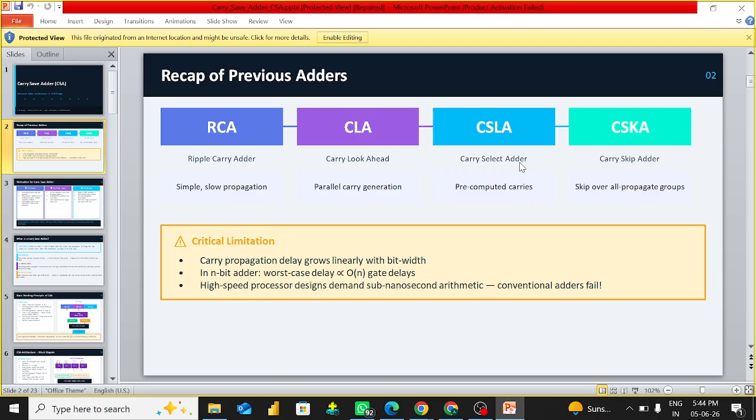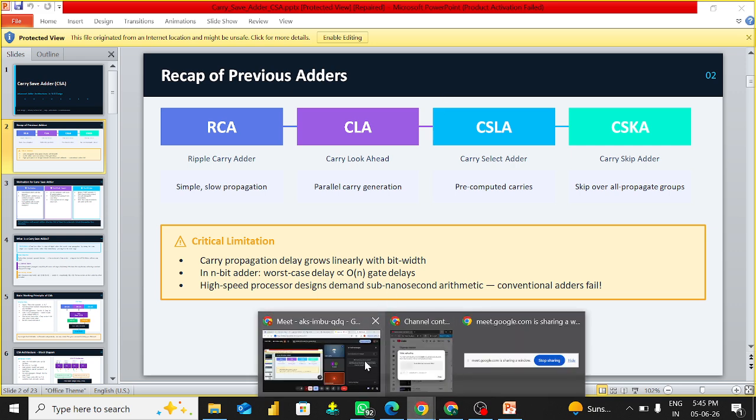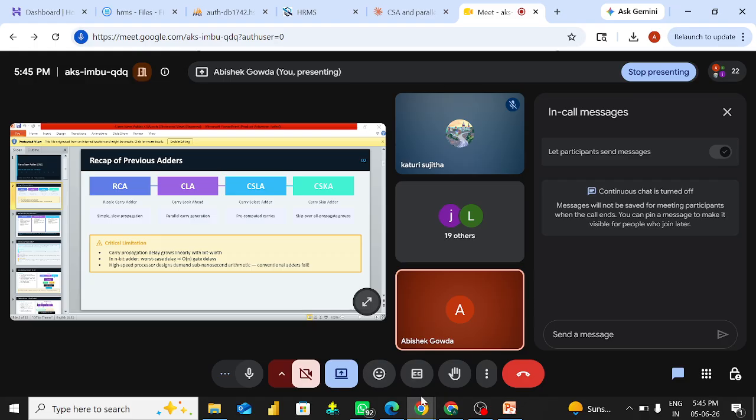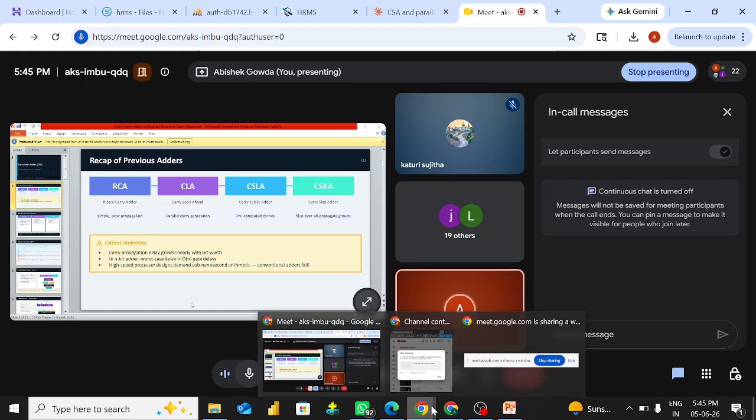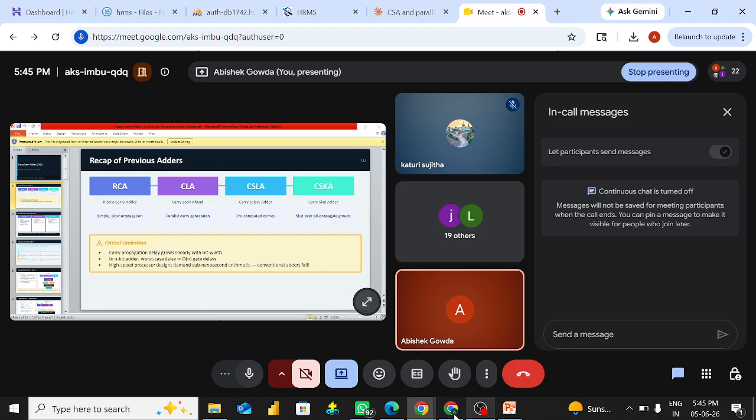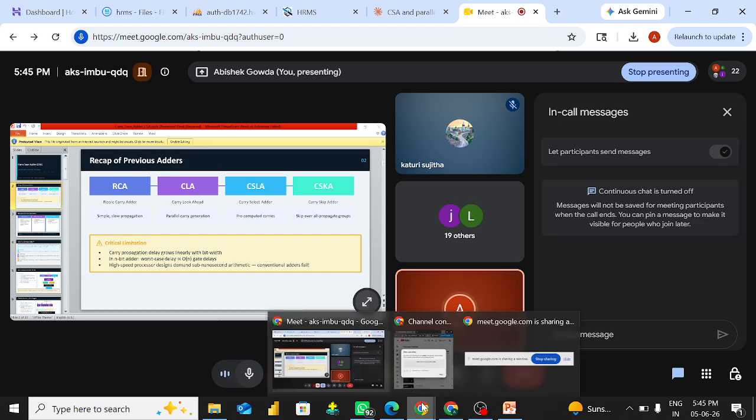Can anyone tell where we need to add many numbers together? Can anyone guess? I think none of you did yesterday's task. No problem, listen here.